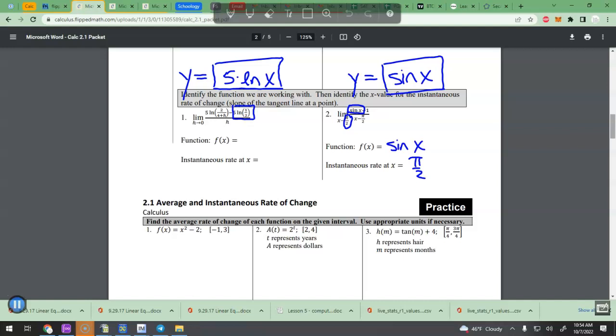So he said 5 ln 2 over 4, or x plus h. 2 over x? Yeah, which is weird. I don't get it. I think that's right.